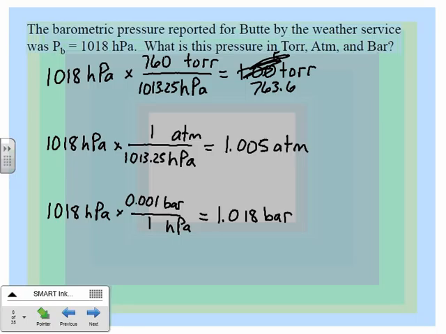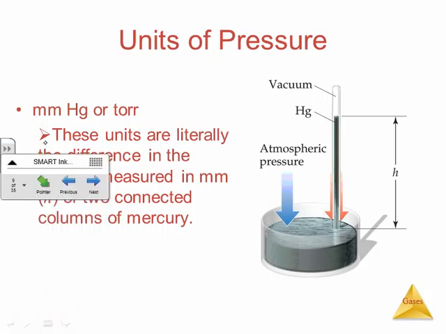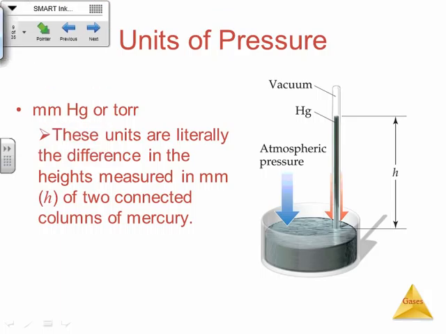So, okay, units of pressure. A couple of units that I want to focus on a little more specifically, the millimeters of mercury or the torr, and really they're kind of the same thing, so really one unit. When we measure pressure using millimeters of mercury or torr, basically what we have here is a mercury bath with a tube inside it, okay, and there's a vacuum.